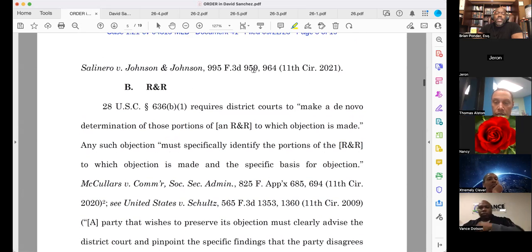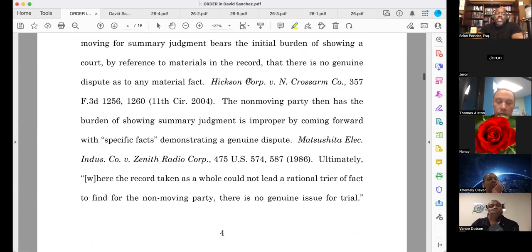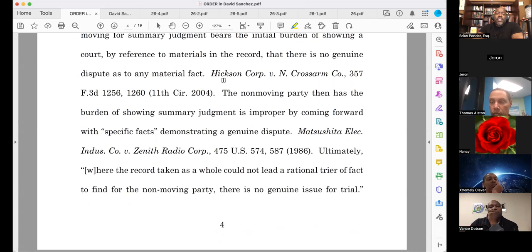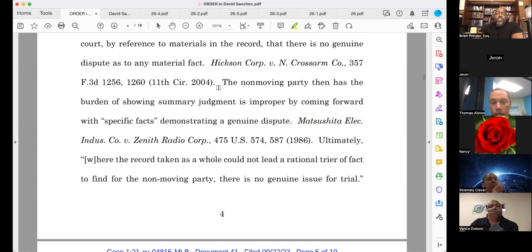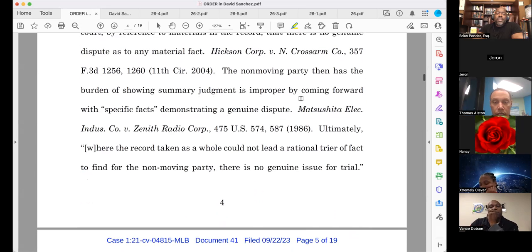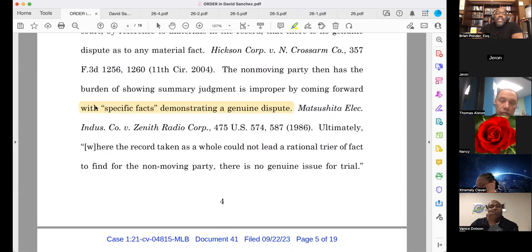And then the moving party has to show that there is no dispute, and the non-moving party has the burden of showing that it's improper and that there are specific facts creating a genuine dispute. Okay.